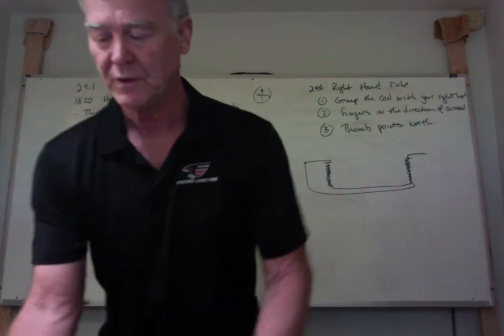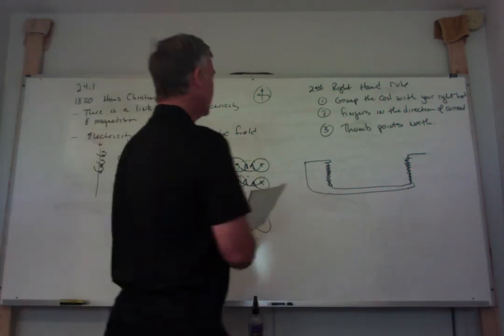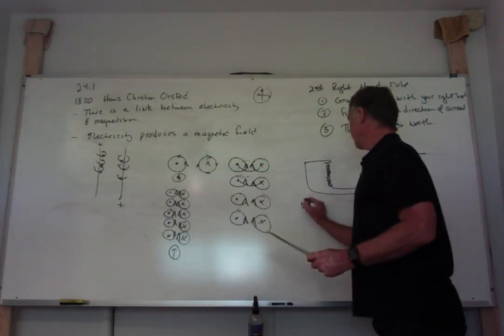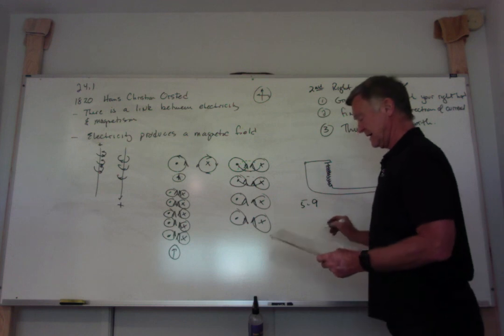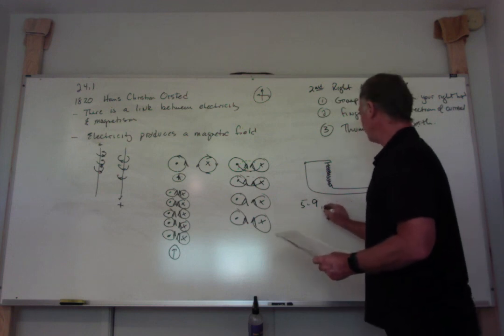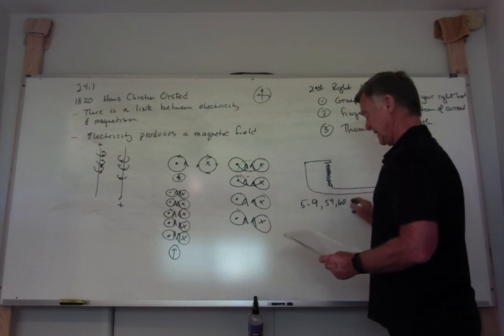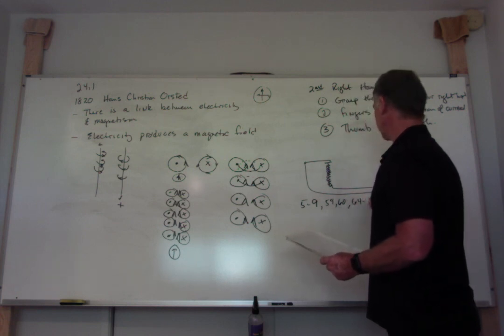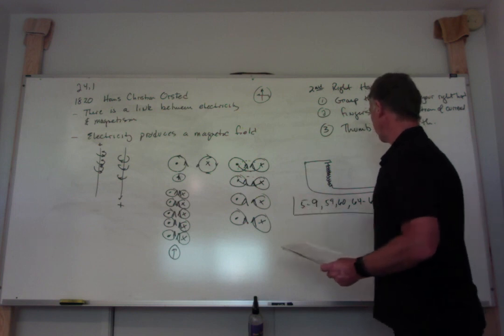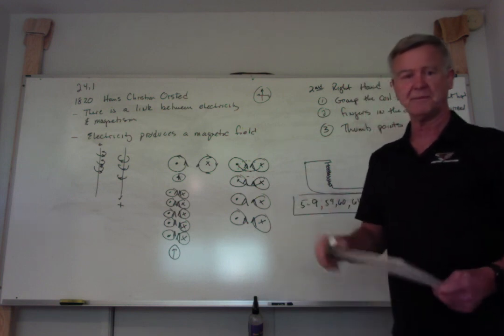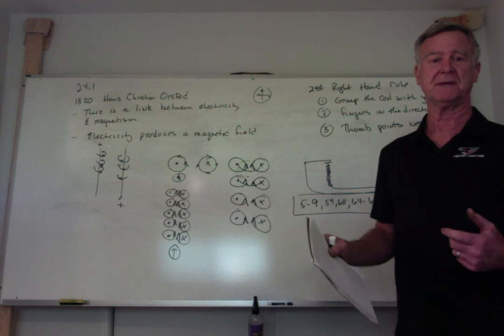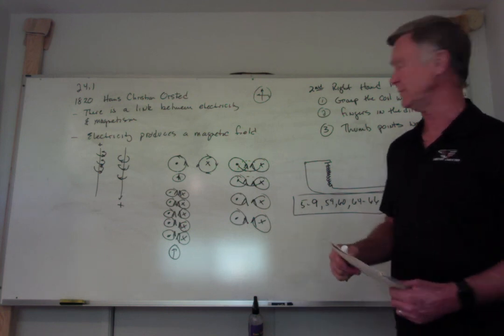So what I'm going to ask you to do is, in your book, problems 5 through 9, and then 59, 60, and 64 through 66. And I know you don't have answers for some of those, but they're mostly drawing pictures and whatnot. So I'm going to have to help you with some of those.